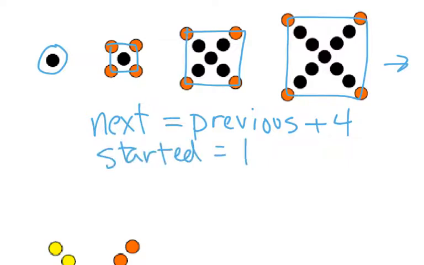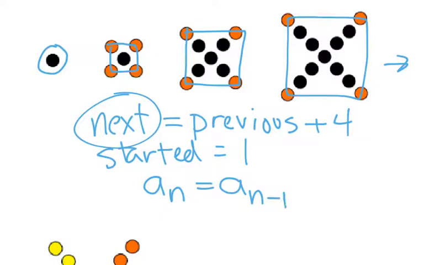Now, this is what we call a recursive formula, and we have a special way we like to write it. We like to write the next one as a sub n. Then the previous is a sub n minus 1, and then how it's changing, plus 4. And for where it started, we like to write a sub 0, and that would equal 1.